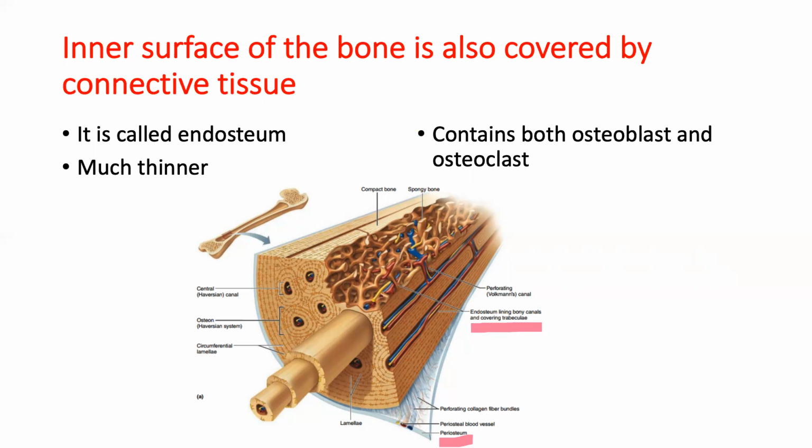It is a pretty weak structure. It has osteoblasts and osteoclasts. And you can start seeing the microscopic neurovascular bundles in the Haversian canal, which runs along the length of the cortical bone.